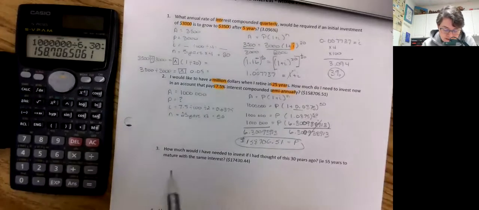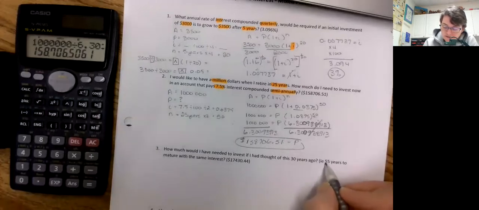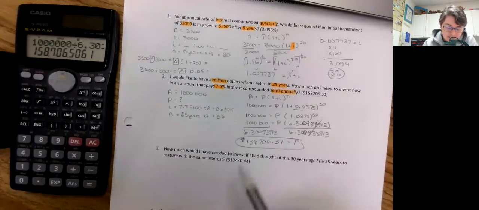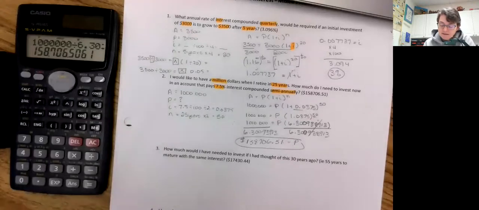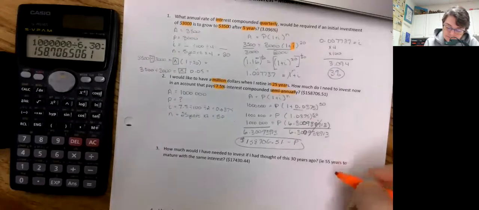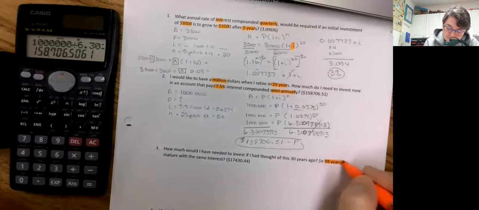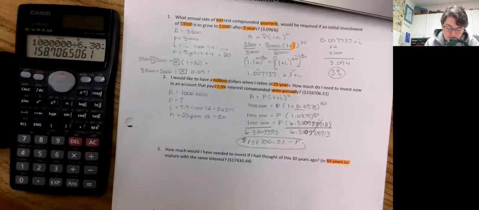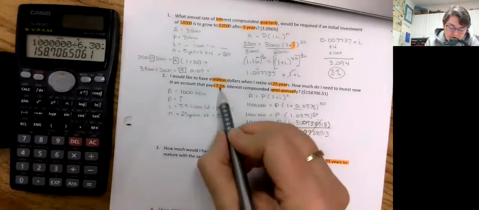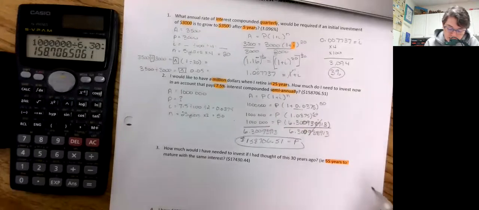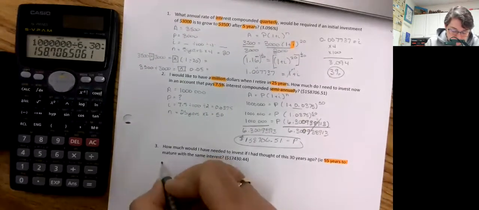How much would I need to invest if I had thought of this 30 years ago? Okay, so I'm going to have 55 years this time for it to mature. My interest is still going to be the same, still semi-annually. So let's see what a difference it makes.